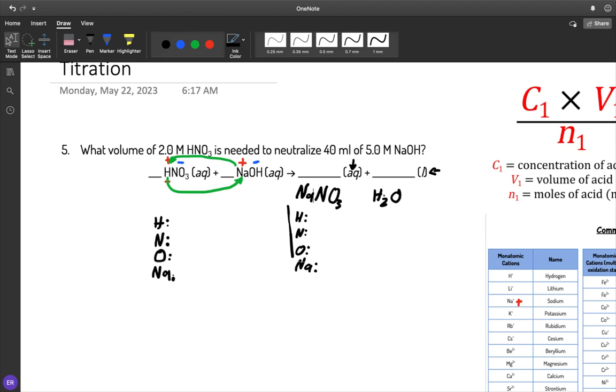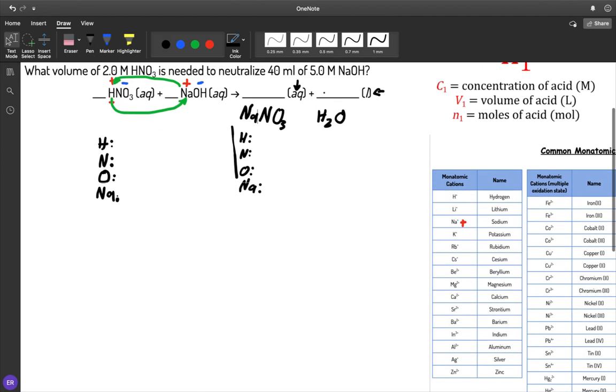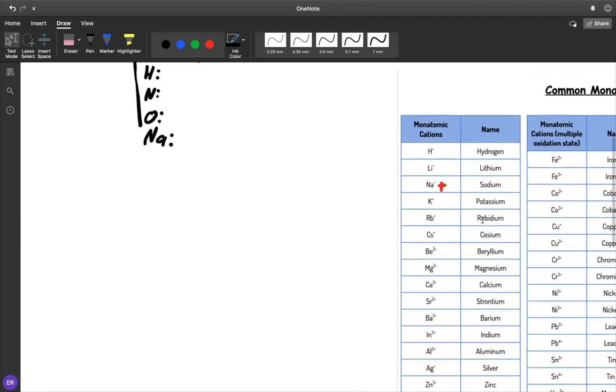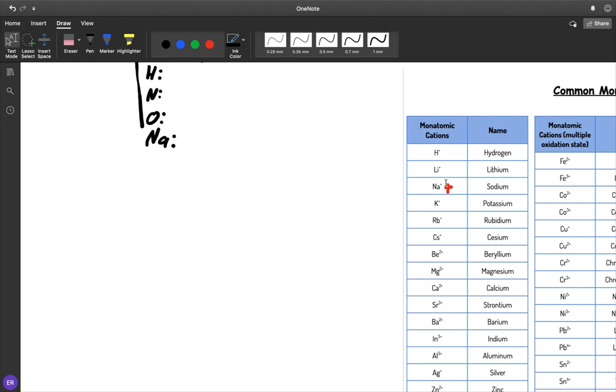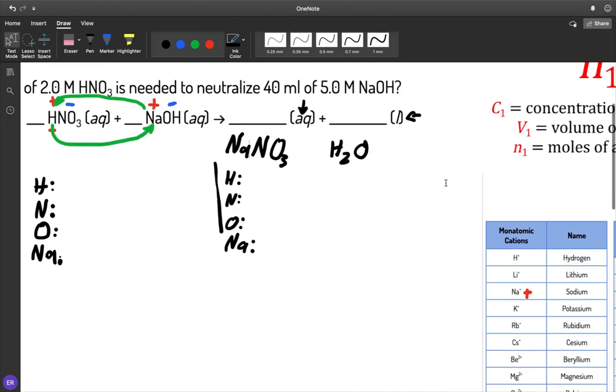So let's check our polyatomic ions to see what it is. If it's just 1, 1, 1, 1, like with the H and OH, then we're good because we don't need to add multiples of the H's to create a neutral compound. So let's take a look. Na, if we see over here, we don't see a number next to the plus. If we don't see a number, that means that there's an imaginary one. So Na is just +1. So it's just a plus.